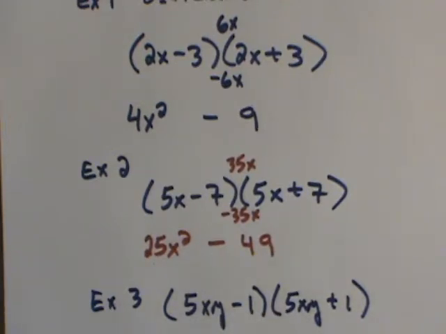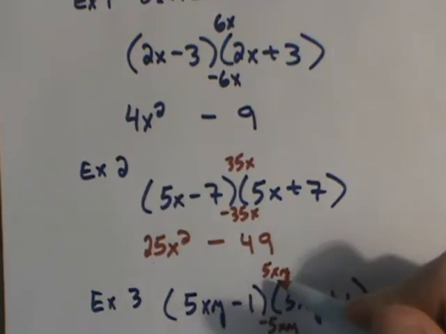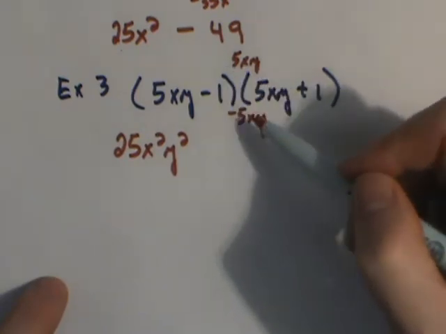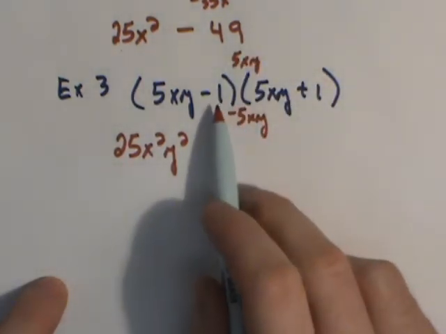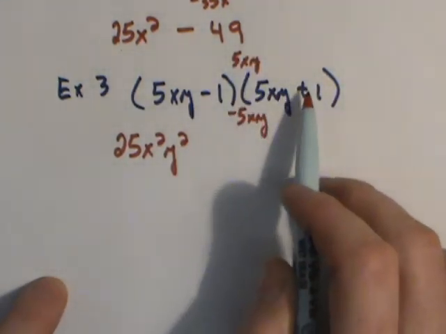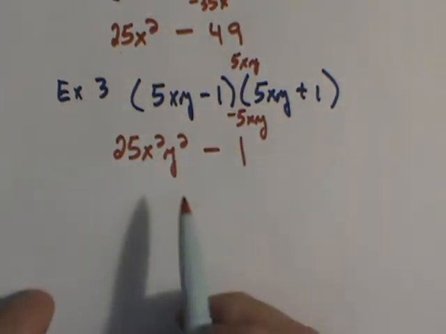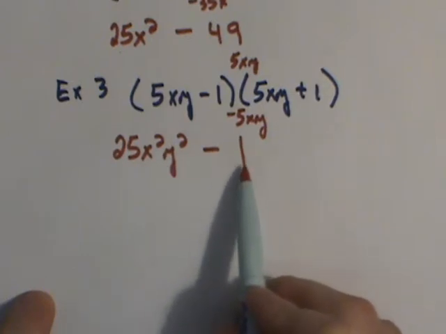X is x squared. Y is y squared. The outer would be a 5xy. The inner would be a minus 5xy. The middle term drops out. As that middle term drops out, we move to the last with last. Negative 1 times positive 1 would be a minus 1 right there. And so once again, this is a difference of two square values.